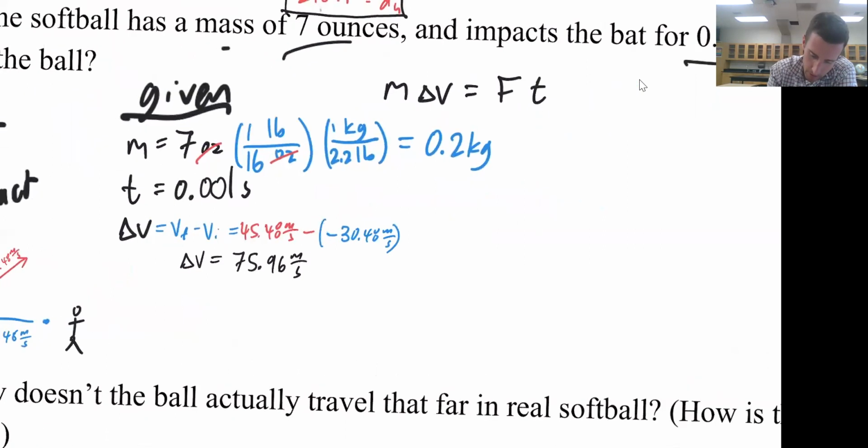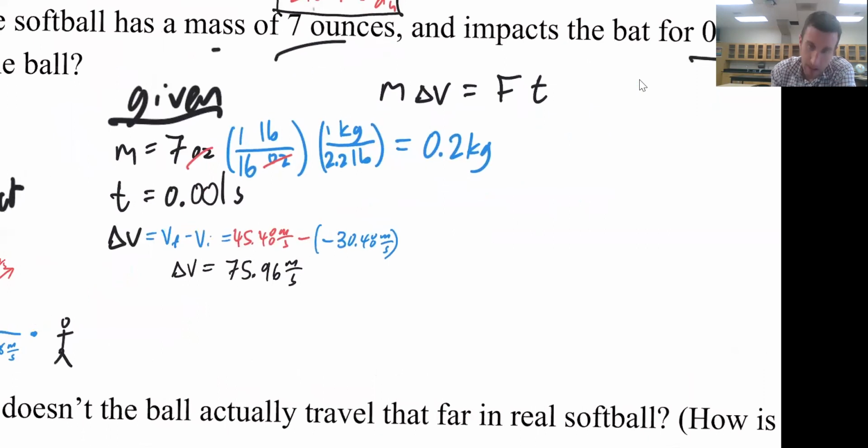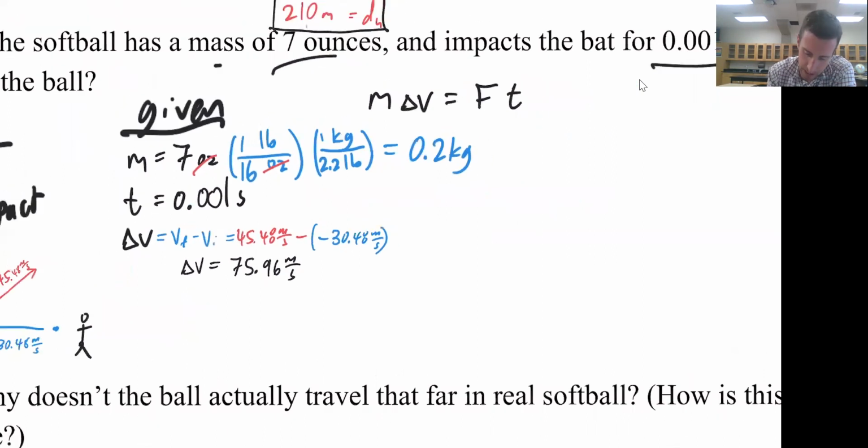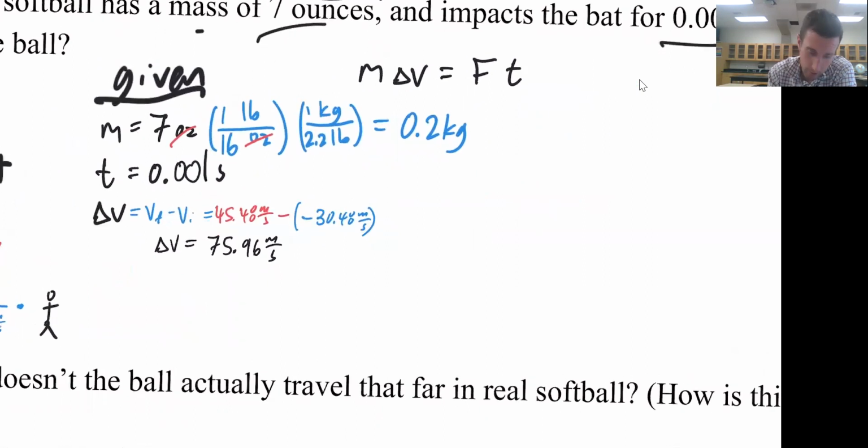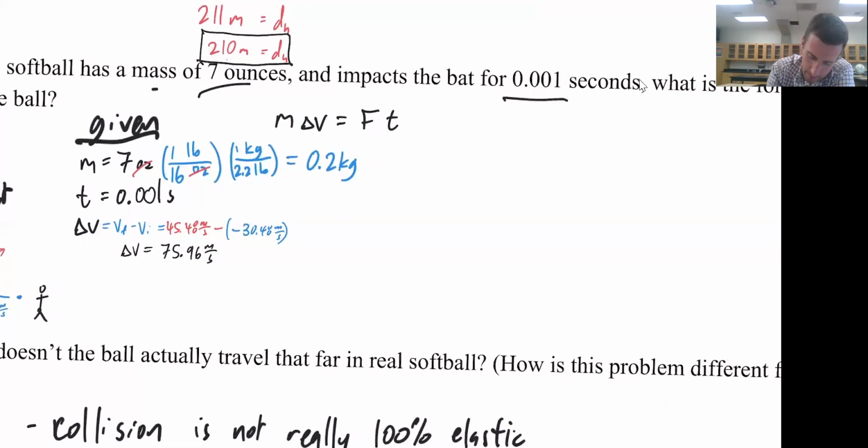All right, now I have this piece. So now I've got all of my parts. They're in the right units. I'm going to use my m delta v equals F t. I'm going to move this over. m delta v equals F t, or change in time.